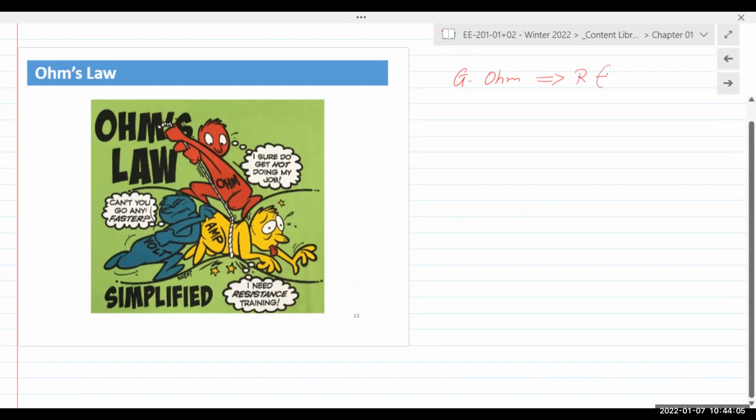So R is ohm and symbolized by the Greek letter omega. Okay, Greek letter omega. Now, this is the uppercase omega. There's a lowercase omega that looks like a W, and we look at that in chapter 5.